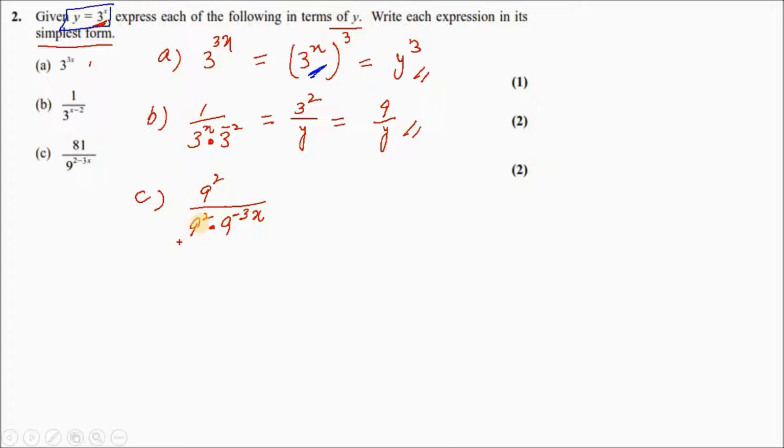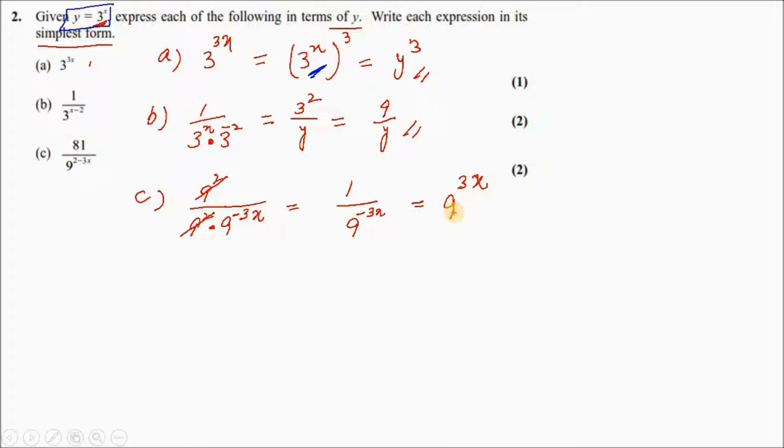And then the 9 squares cancel, and we have only 1 upon 9 to the power minus 3x. Then you can send 9 to the power minus 3x to the numerator to make it a positive power. So when it goes up, it becomes 9 to the power 3x.